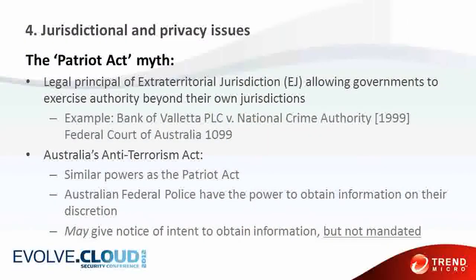Australia's Anti-Terrorism Act is very similar to that of the Patriot Act. The Australian Federal Police have the power to obtain information at their discretion, and they may give notice of intent, but it's not mandated. So it seems to me very, very similar to the Patriot Act.